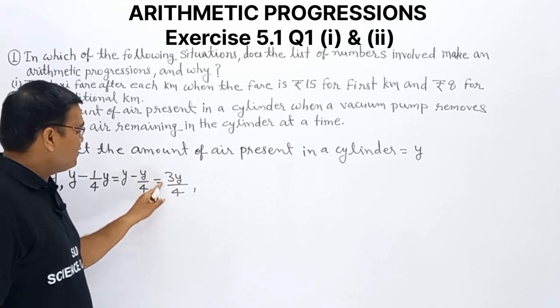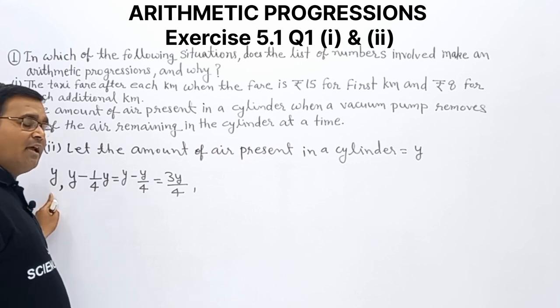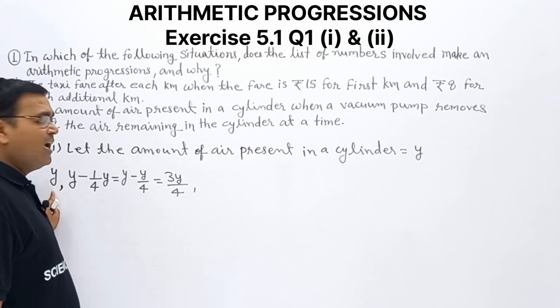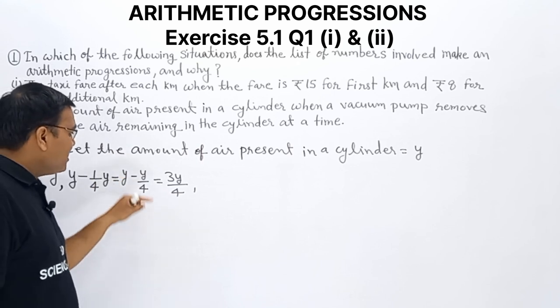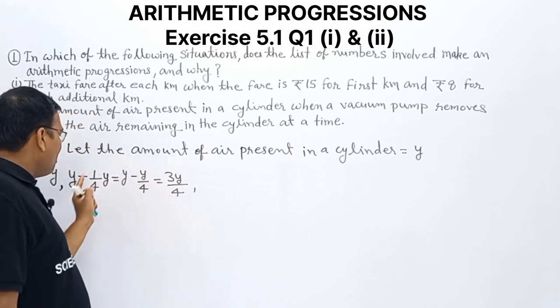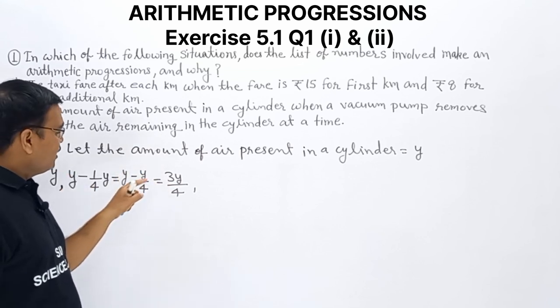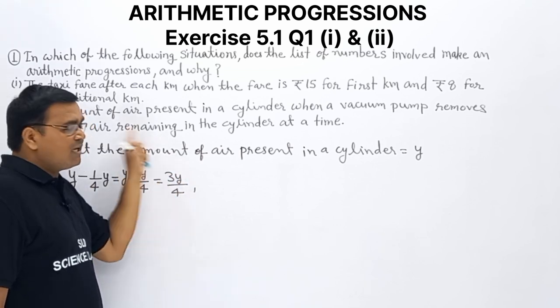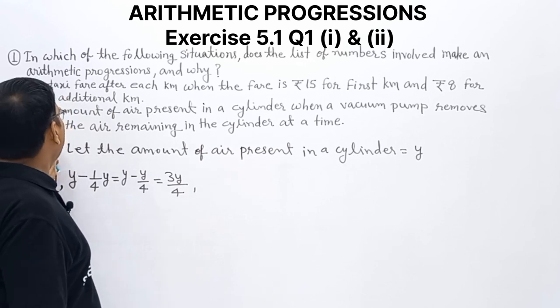First time the air in the cylinder was this, and 1/4 of this we removed, and then we are getting this one. As per the situation, what will the next term be?